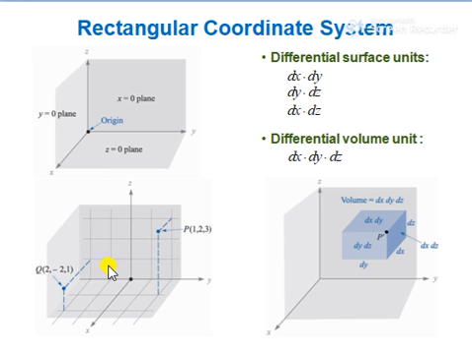Now next we will see the differential elements in the Cartesian coordinate system. This is a figure used to represent the differentials in the Cartesian coordinate system. You can observe the x, y, z axes. In it we have considered a point P, which has coordinates x, y, z.